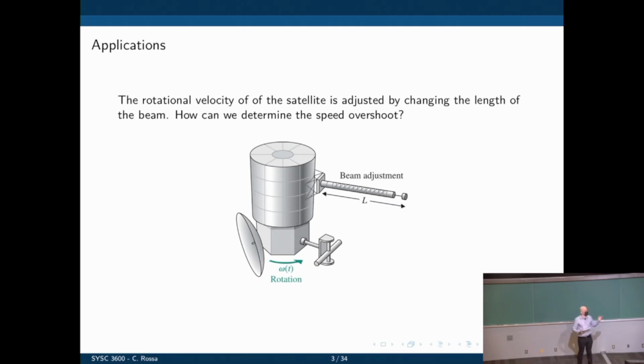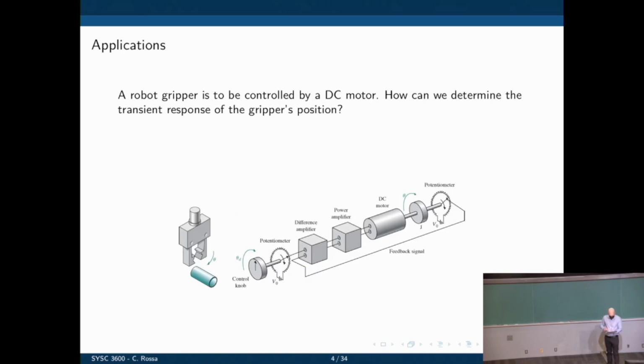If you want to go from speed A to speed B, we may go slowly using an exponential, or if you want to go fast, the system may oscillate, may exceed the speed we want before it settles at the desired speed. So how can we determine this type of overshoot? This is one of the applications of the lecture today.